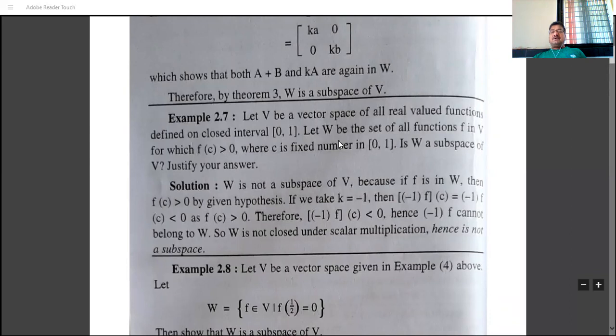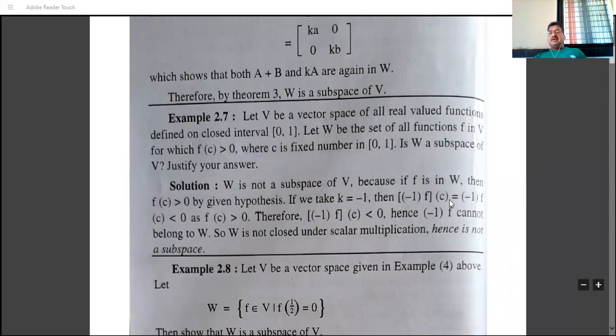The question is, is W a subspace of V? Justify your answer. W is not a subspace because the second property fails. Suppose f is an element of W, then f(C) is greater than 0. But if you take K as -1, then what is -1 times f?